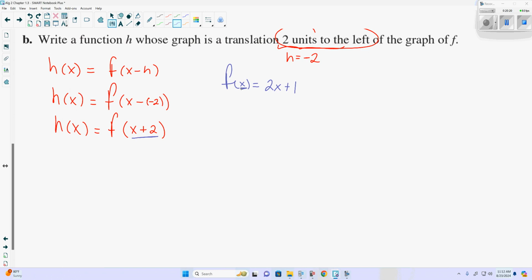Because we replaced this x here with x plus 2, yes? X plus 2 in place of that x. Because we replaced the x with what? X plus 2, yes? So we replace every x in the function with x plus 2. We replace the whole statement.